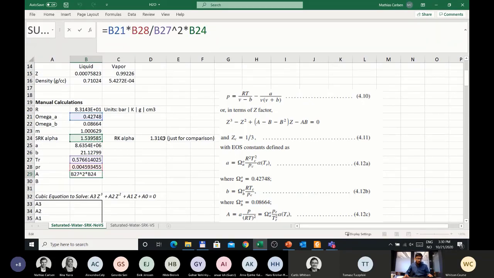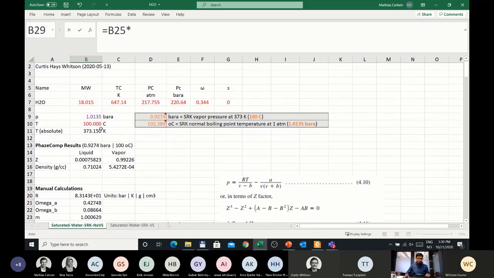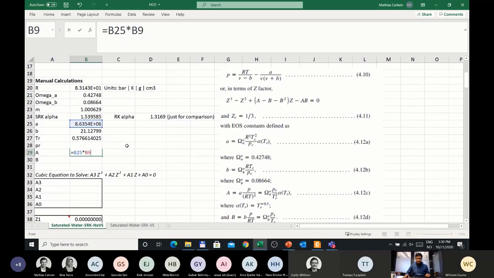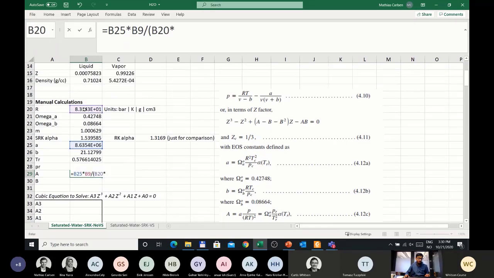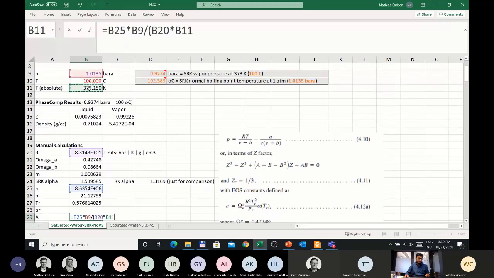So now we are calculating the value of A. That's simply the value of A here times the pressure, and the pressure is this number here, in bar, and then divided by R times the temperature, and the whole square.